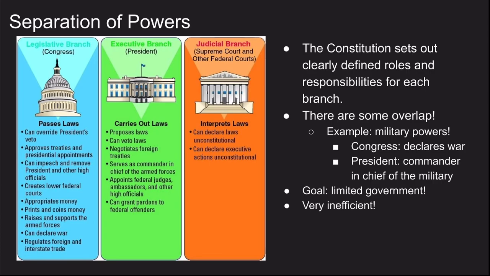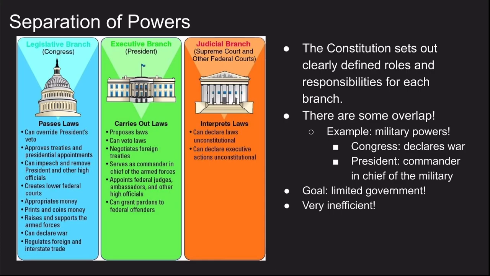For example, when we think of the powers of the military, two branches of government can claim responsibility and power. Congress can say, we have the power over the military because we have the ability to declare war, as outlined in the Constitution. However, the president will say, I have power over the military because I was given the power of commander-in-chief.